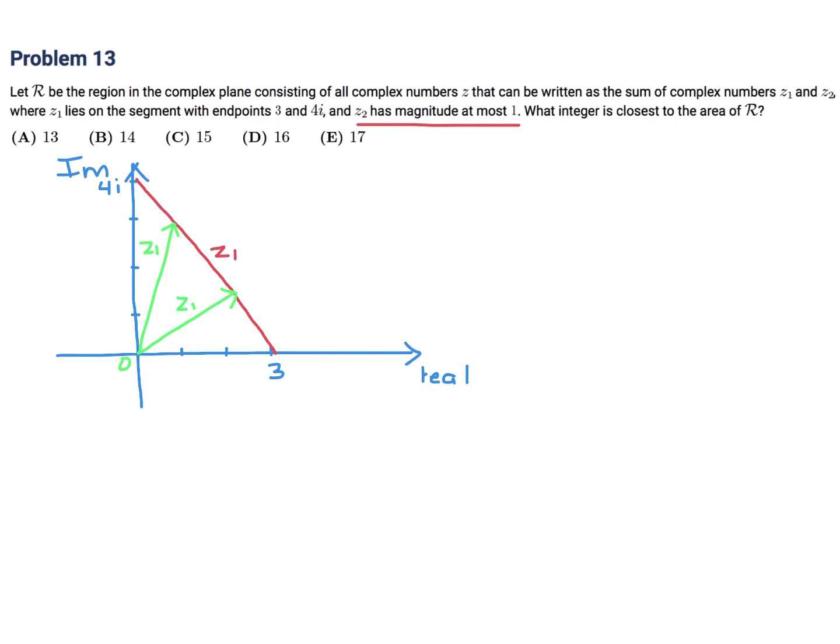So for example, it could go like this, Z2, where that's a magnitude of 1. And so on, right? You can draw like this, that's Z1, and so on. I don't want to make the diagram too messy. But when you do draw all these possible Z1s and then connect them, you're going to have a region like this.